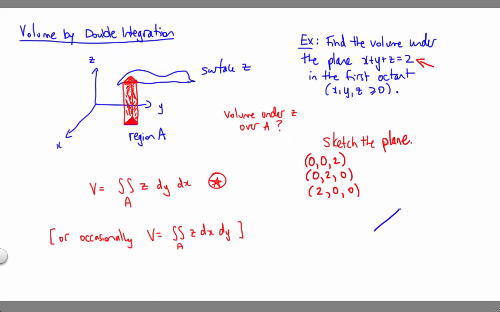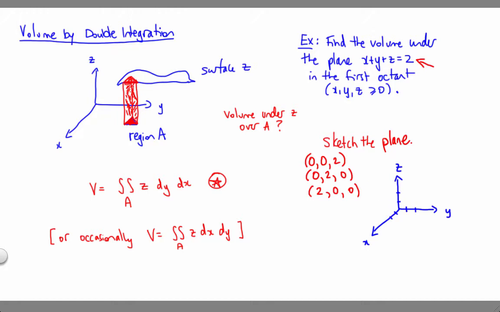Let's draw our x, y, and z axes. I'm going to mark off 2 units along each of the axes. Okay, and let's label our points.